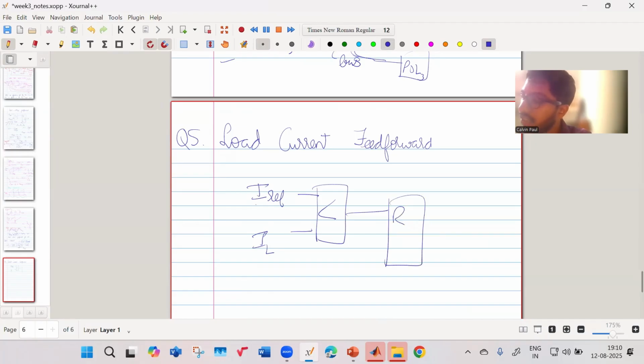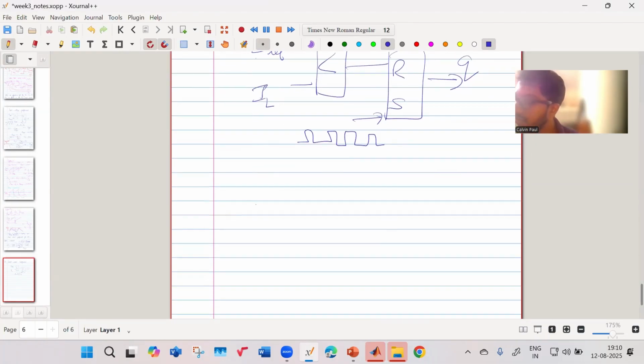That generates your reset. The set pulse comes at a fixed frequency and you have your Q. Now, let us say this is your reference current and this is your output voltage.